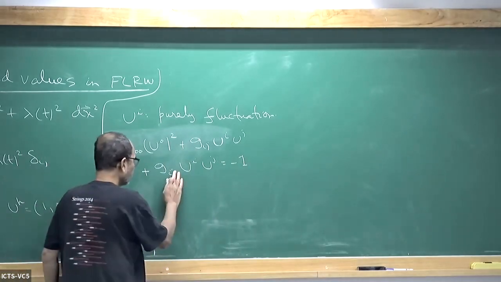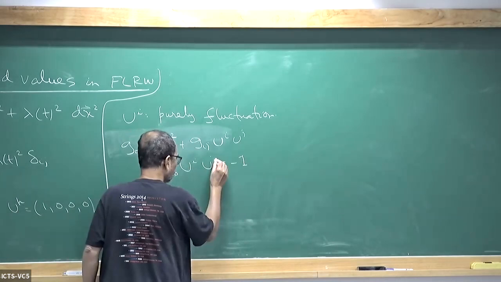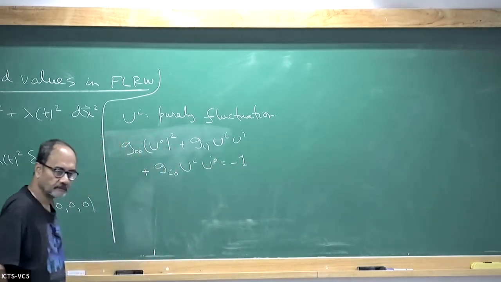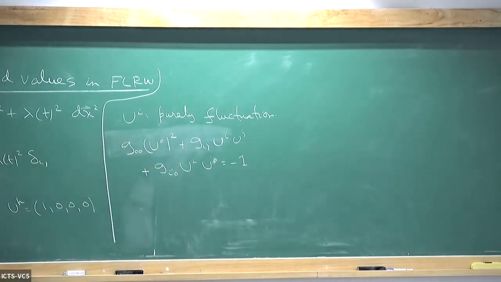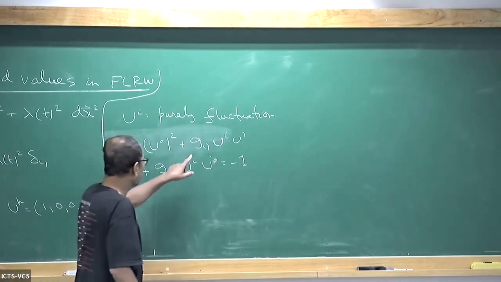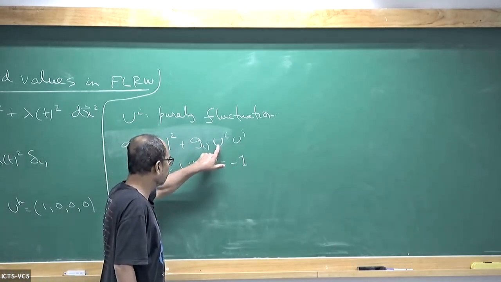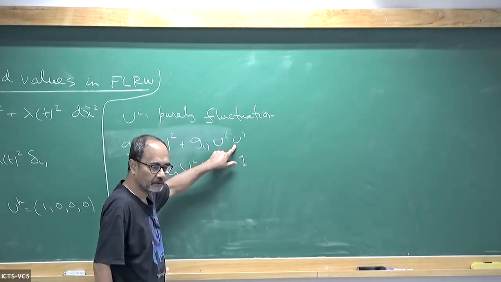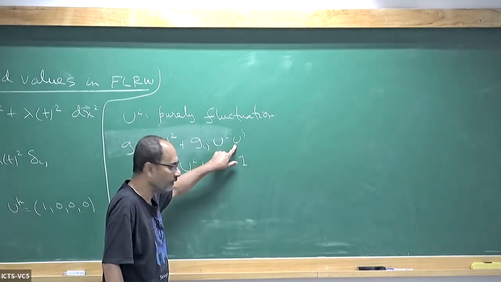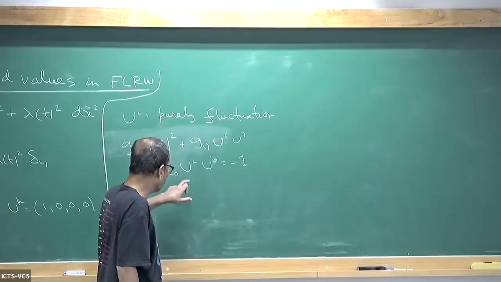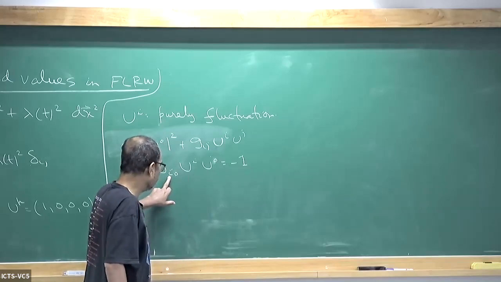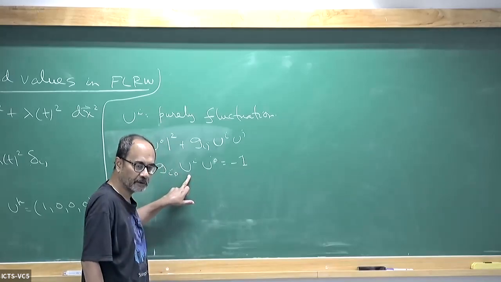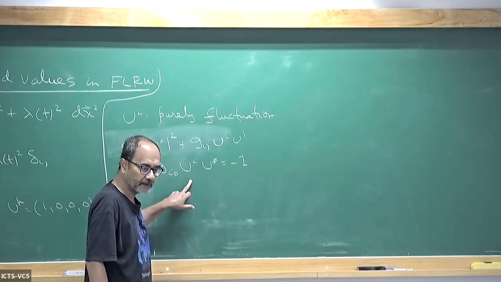Okay, this is the condition you have to satisfy. From this we see that the Gij Ui Uj term is quadratic in fluctuation, so you don't worry about that. The Gi0 Ui term is also quadratic in fluctuation because Gi0 is pure fluctuation and Ui is pure fluctuation.